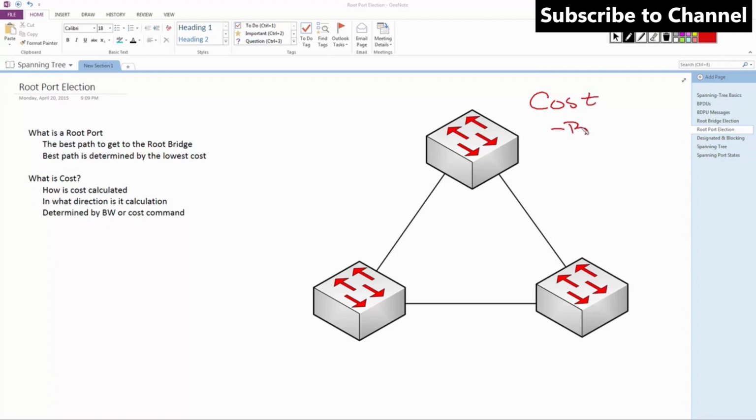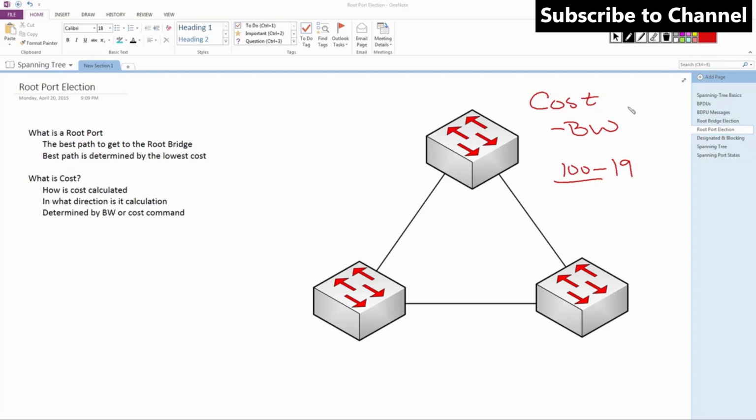How is it defined? A cost value is defined by bandwidth of a link. Whatever the bandwidth on a link is, Spanning Tree will have a calculation to say, if this is a 100 megabits per second line, I'm going to have a cost of 19. That's why in that message that we saw, it was a cost of 19 because my switches have 100 megabits links.